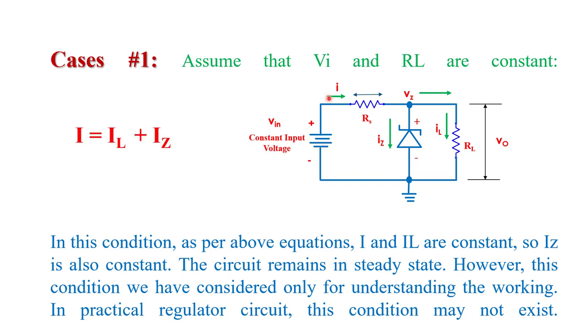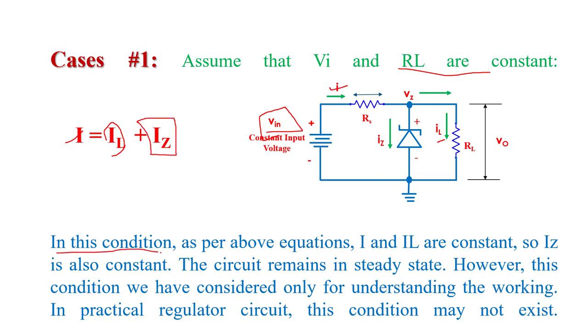Now, by Kirchhoff's current law, we get this current equation: I equal to IL plus Iz. We know that if the input voltage is constant, then I is constant. RL is also constant, so IL is also constant. If I and IL both are constant, then Iz is also constant.